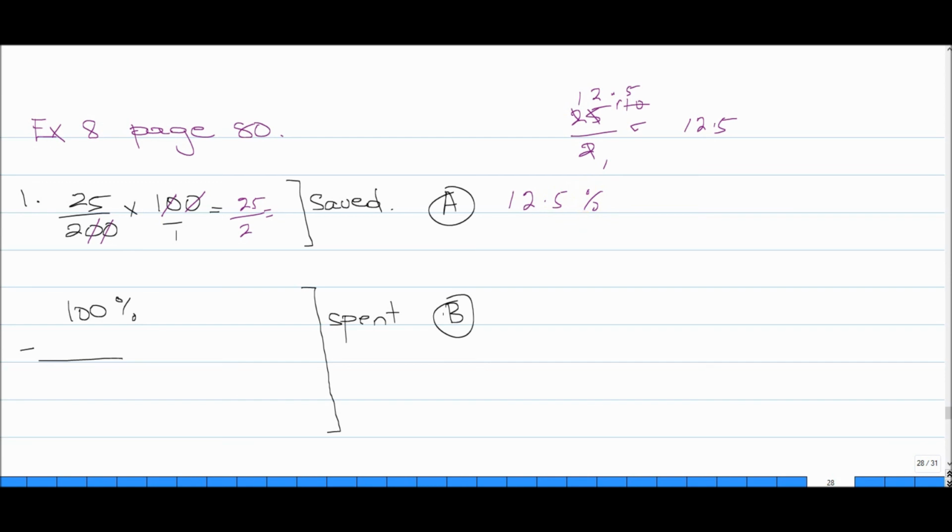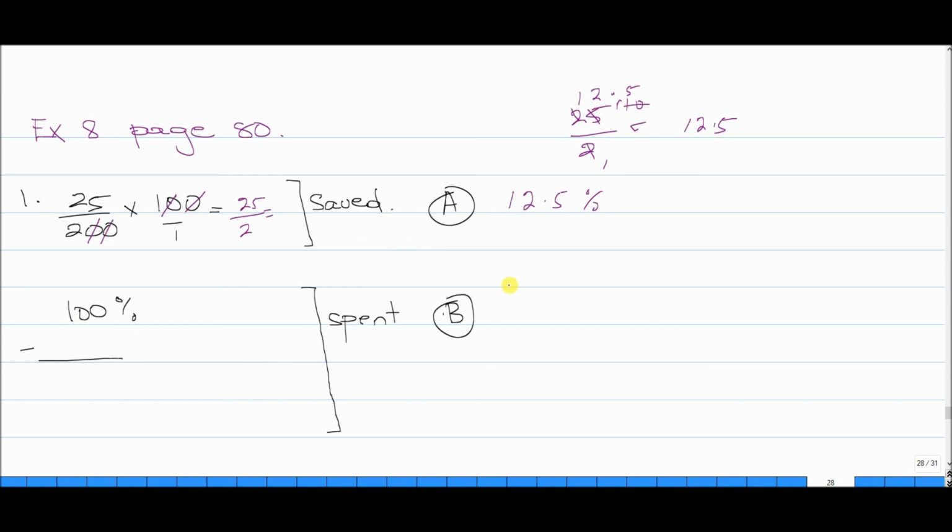Now logically, to find the amount that was spent, all we need to do is to take away from 100, representing the whole, the amount that was saved. Because remember, we're going to have two sections here. We're going to have to make the complete amount, the 200.